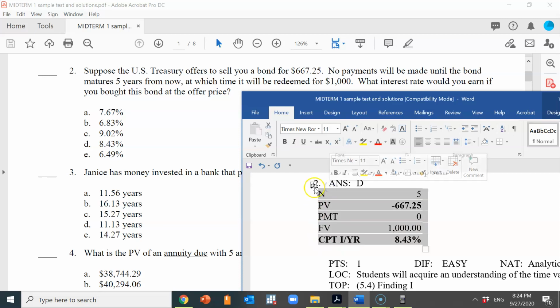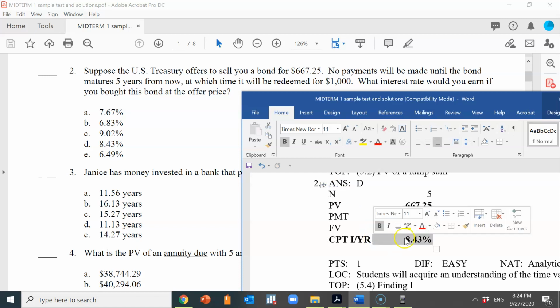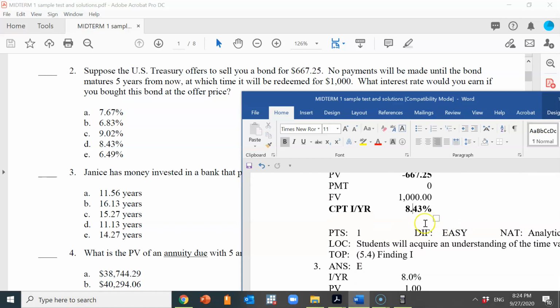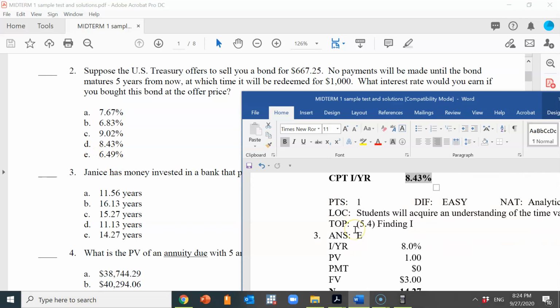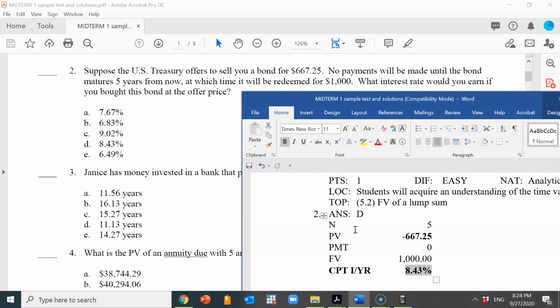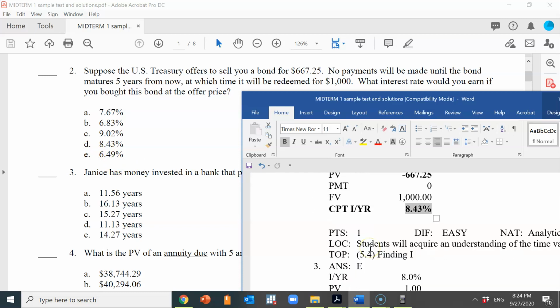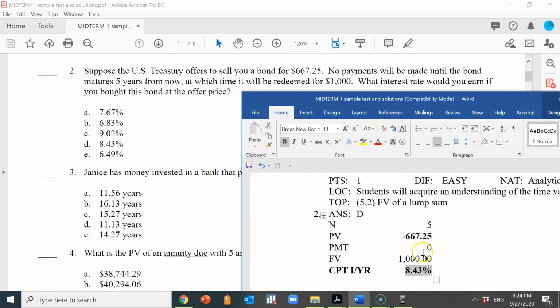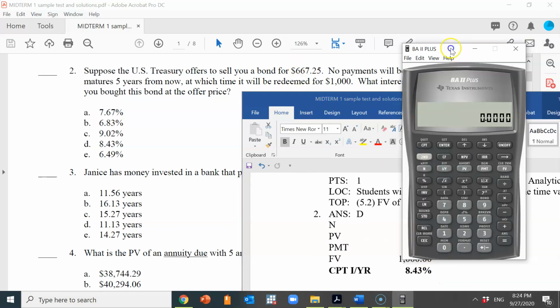Okay, so you could get 8.43 in the financial calculator, and you add back the percentage sign, and choose option D as your final answer here. It's very hard to solve this question using the formula, so we'll just use the financial calculator.